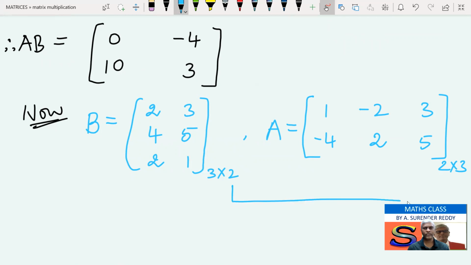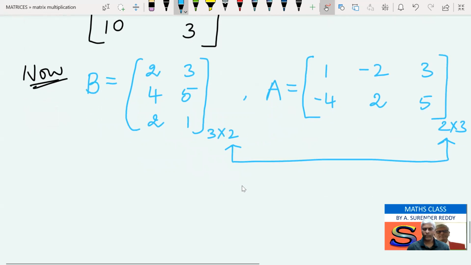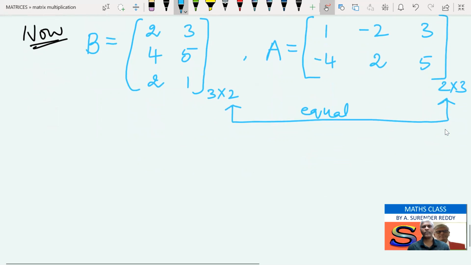Here, the number of columns in the first matrix is 2, and this is equal to the number of rows in the second matrix. Therefore, the condition is satisfied.